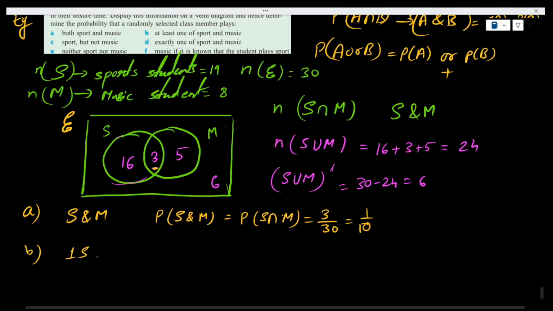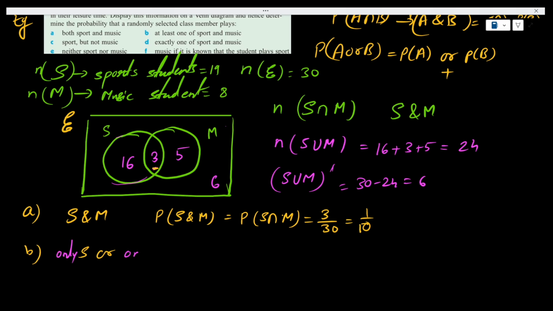The students can be part of only sports, or only music, or they are part of both, right? Now you can see that here there is an "or" rule, that means you need to add. So the only sport is 16, they play both is 3, and only music is 5. This is nothing but your union, right? "Or" rule means you will take it as a union. In the Venn diagram you have learned that.